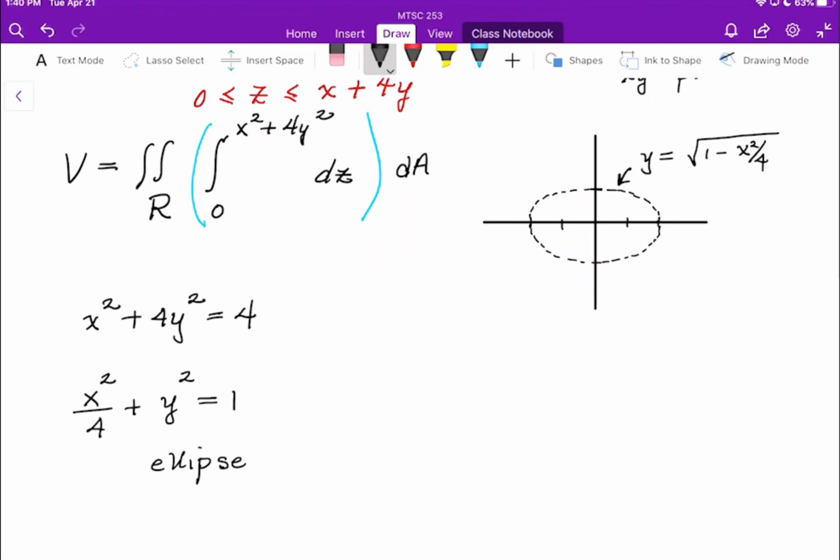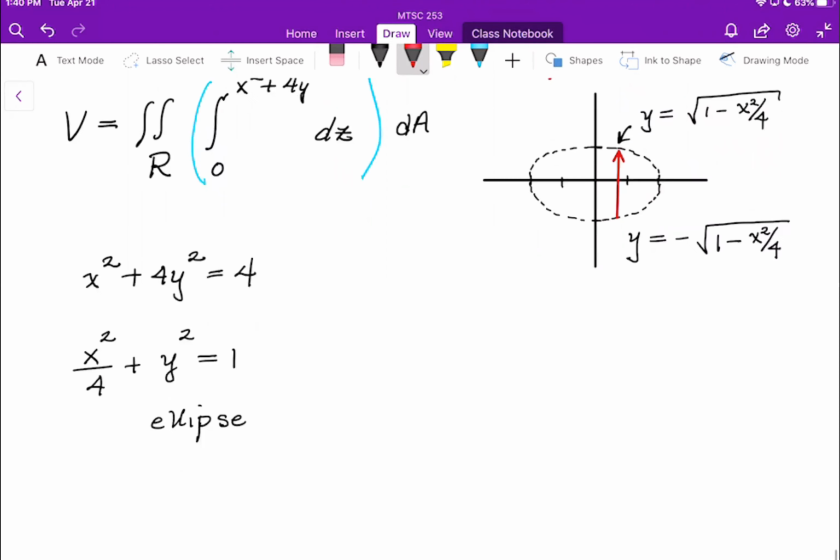And the bottom half is y equal to negative square root of 1 minus x squared over 4. So there really is no very nice way to do that. I can see that if I fix x, y is going to go from one curve to the next. And then x is going to sweep out from -2 to 2.